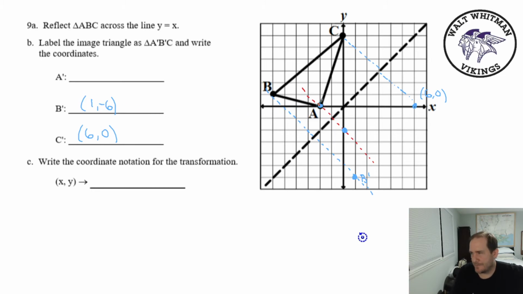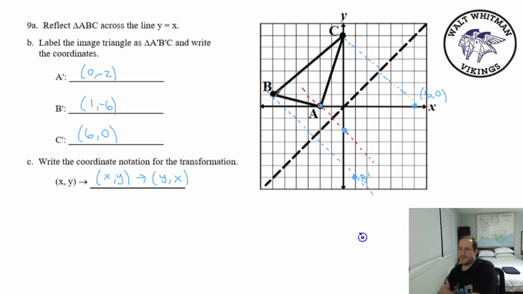And then point A was at negative 2, 0, so its image will be at 0, negative 2. And we knew all this because we already knew the rule. The rule for this reflection was xy turning into yx.